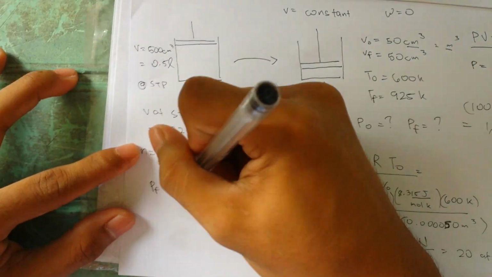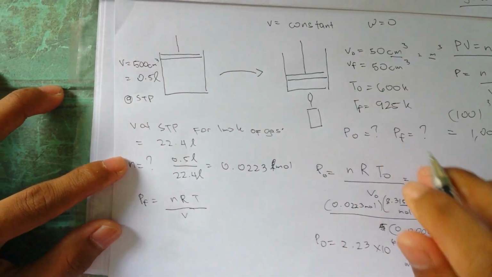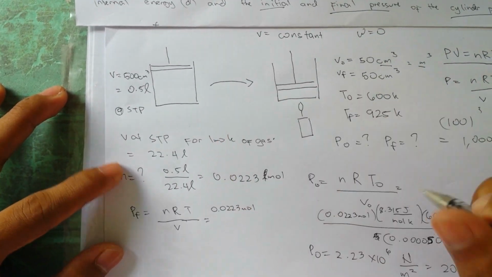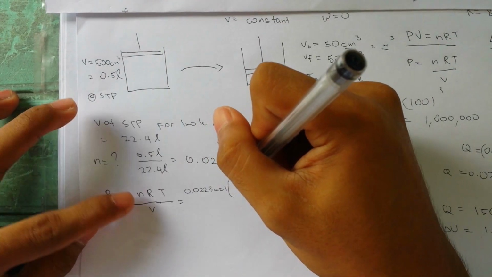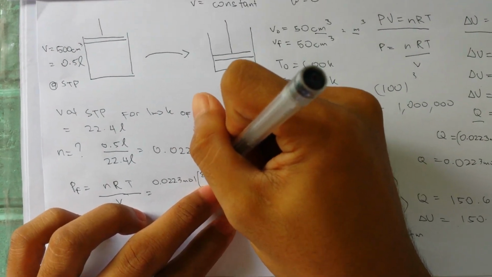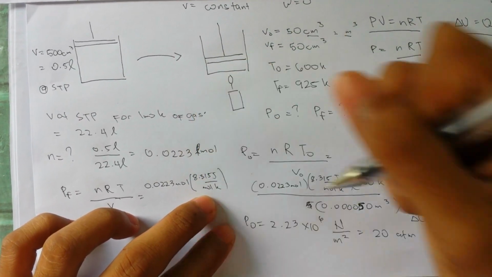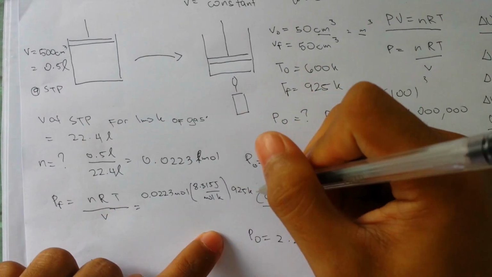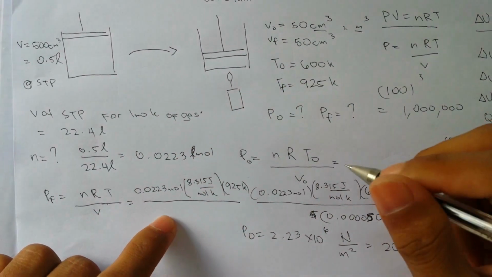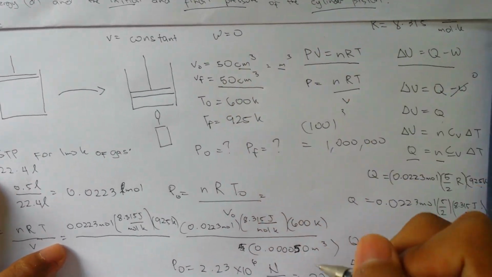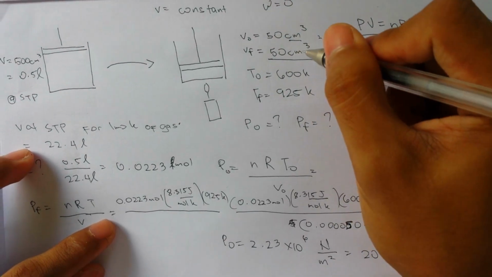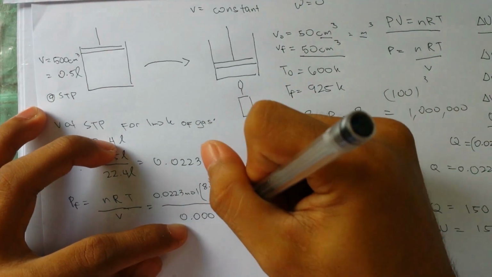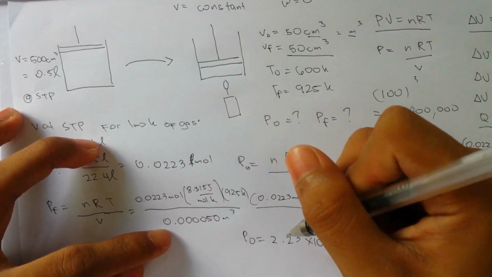Final pressure is equal to nRT over V. We have a given mole of 0.0223 mole multiplied by R, which is 8.315 joule per mole Kelvin, multiplied by the final temperature, which is 925 Kelvin, over the final volume, 50 cubic centimeter, which in cubic meter is 0.000050 cubic meter.